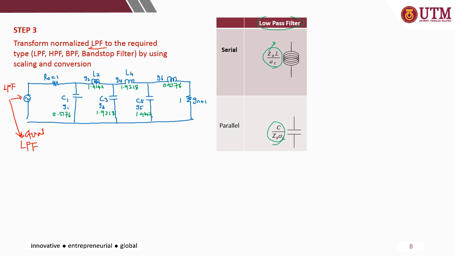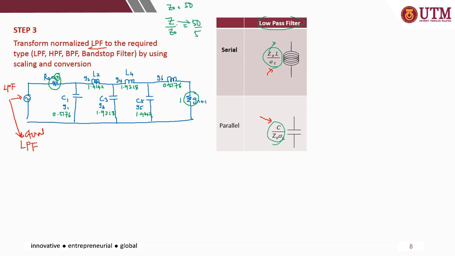For low pass filter, it's still a low pass filter, but the value of the component will be modified based on the equations and the orientation of the components. For example, the first one: the R here and here is maintained, but both are the normalized value, so Z divided by Z naught. If your Z naught equals 50, the normalized value equal to 1, so the Z here equals 50 as well.